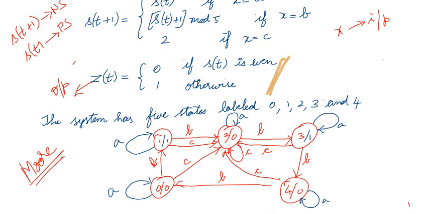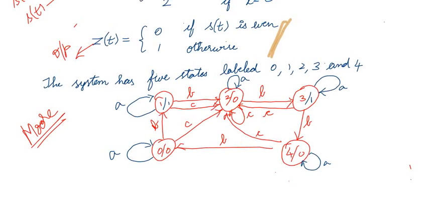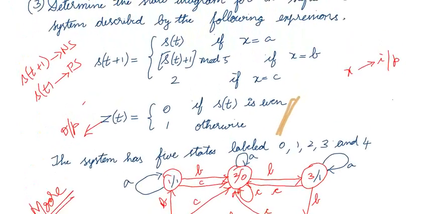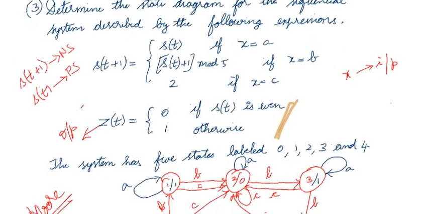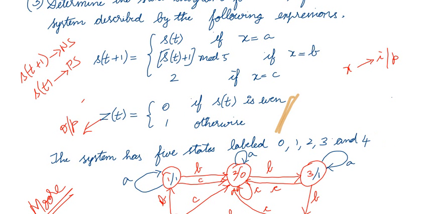So this is the state diagram for the given function. First, you have to be very clear what the state is and what the input is, and observe how many states there are. Here they are clearly given: 0, 1, 2, 3, 4, totally 5 states. Observe that output depends only on the state, so it is a Moore machine.